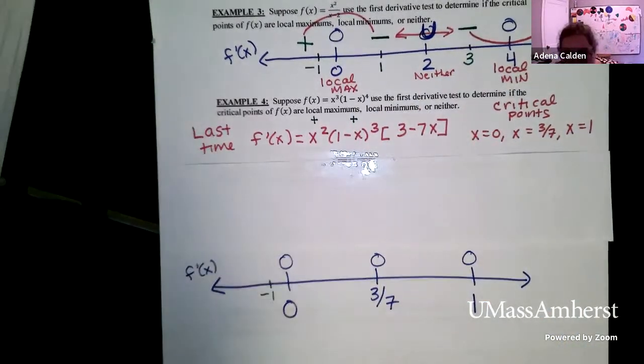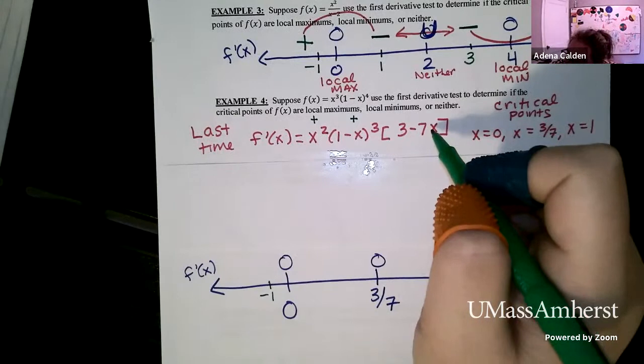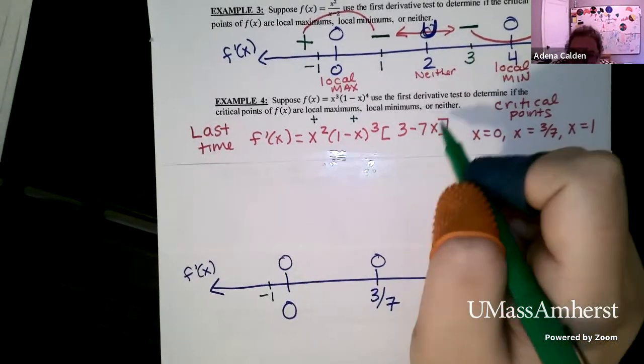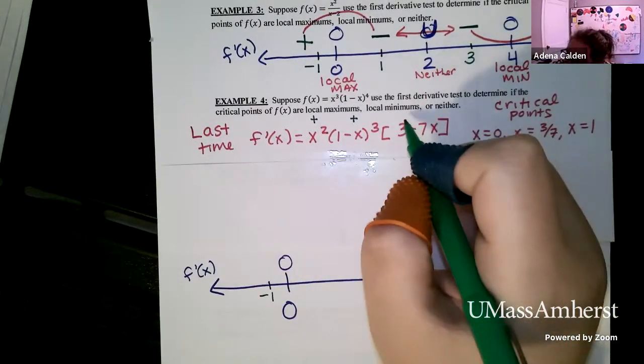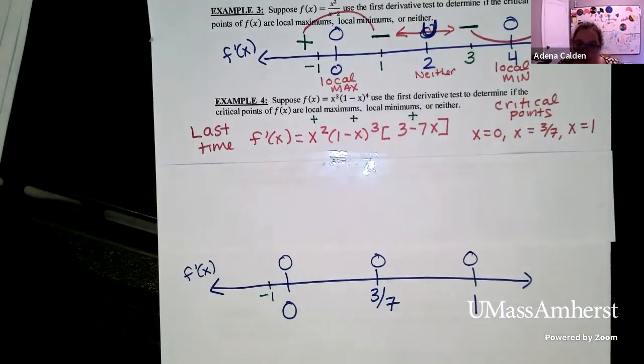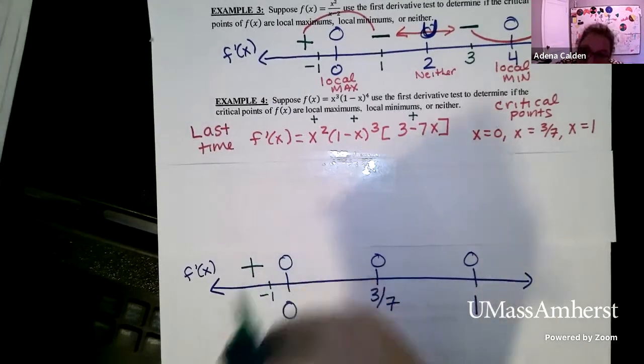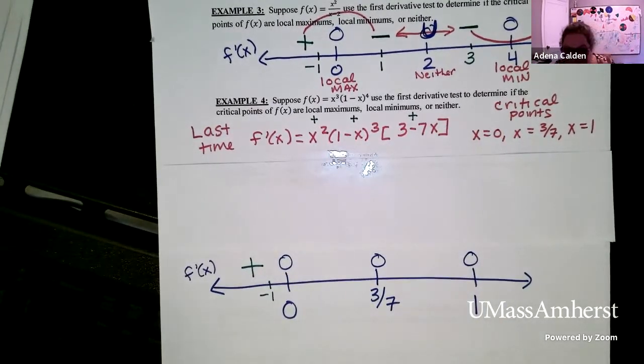That's positive. And if I plug in a -1 here, I get 3 plus 7 because of the -1, which is 10. So that's positive. So positive times positive times positive means my interval over here is going to be something positive.